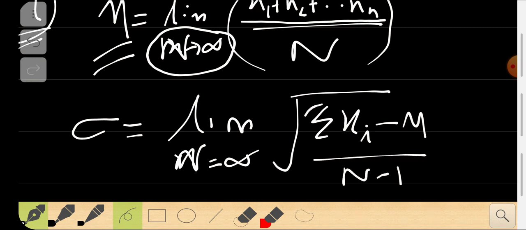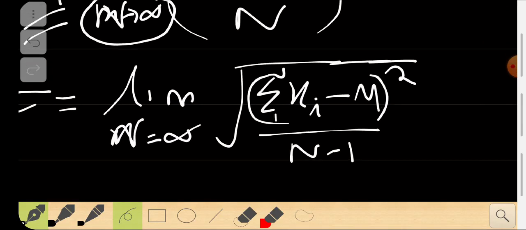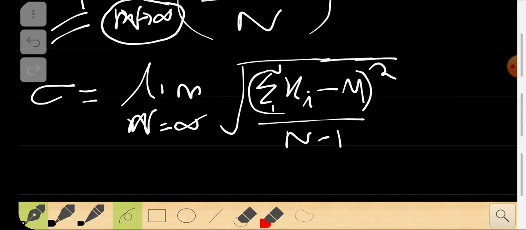Now the sum runs from 1 to n, so you take this value and take the square of that. The square followed by the square root means that you avoid all negative values. Negative values will vanish from this system if you take the square and then the square root.